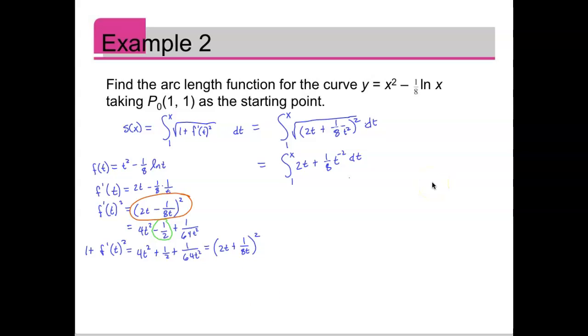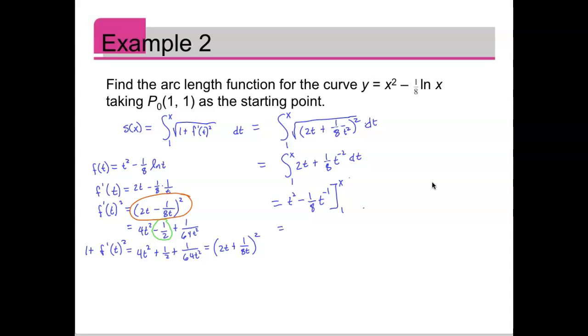All right, but now we have an integrand that we can deal with pretty trivially, right? So it's take the antiderivative. The antiderivative of 2t will just be t squared. The antiderivative of 1 over 8 t to the negative 1, if I add 1, it's going to be minus 1 over 8 t to the negative 1, and I'm going to be evaluating that from 1 to x.